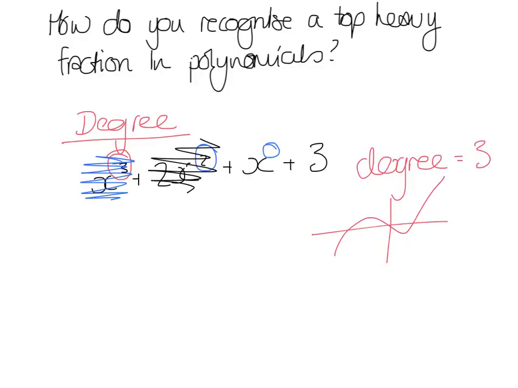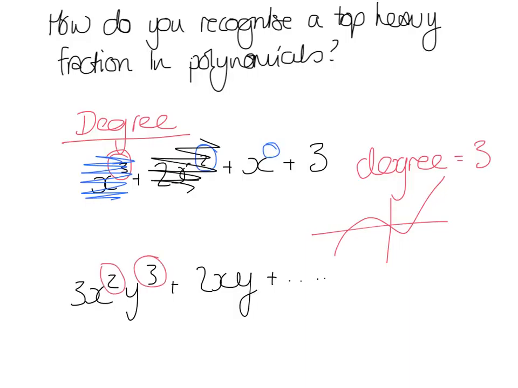sum C4, which we will do later, you might be dealing with things that look a little bit like this. And so on and so forth. There could be anything in there. The degree in this case is the sum of the powers, and you want to choose the highest one.